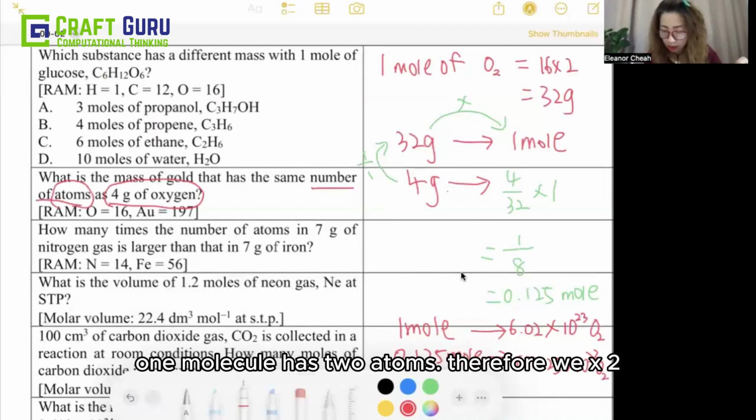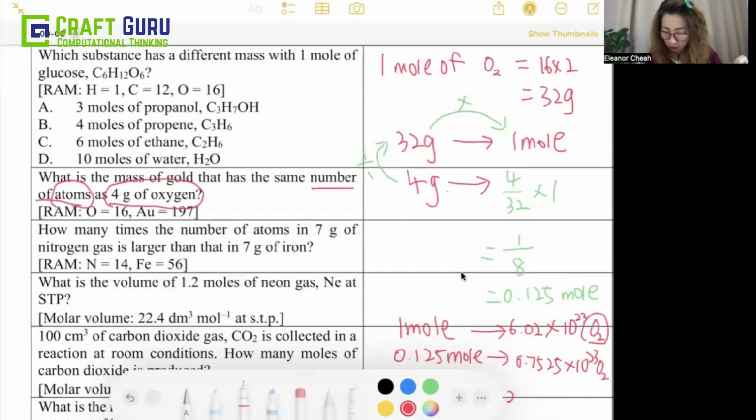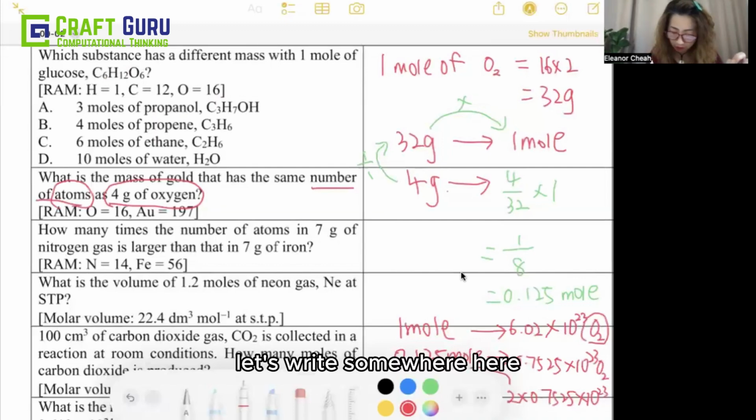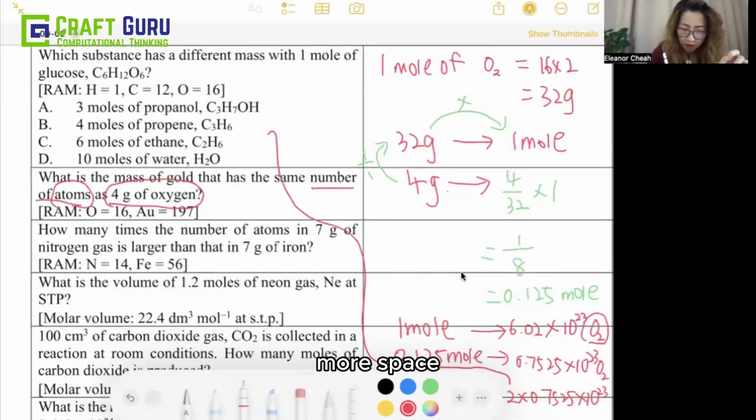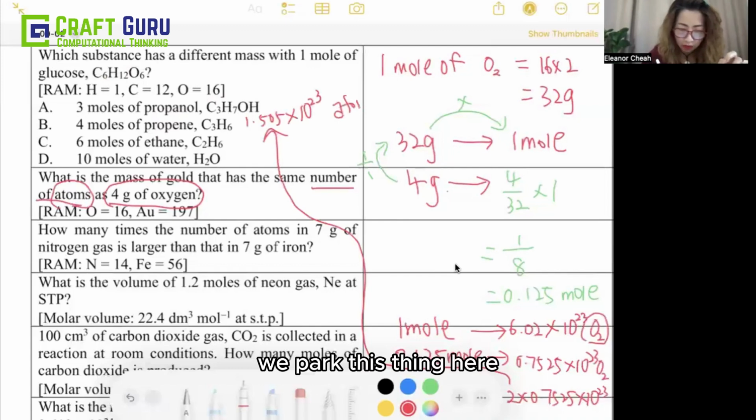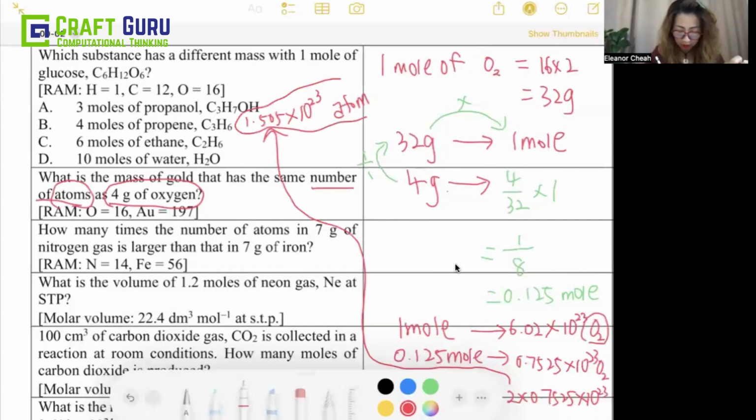So 1 molecule has 2 atoms, therefore we times 2. Let's write somewhere here, more space. This times 2, we get 1.505 times 10 to the power of 23 atoms. Okay, we park this here.